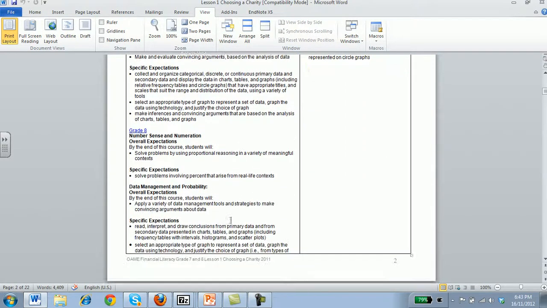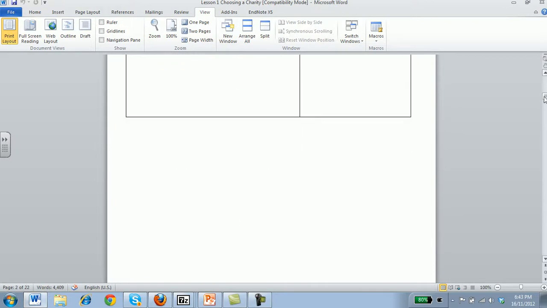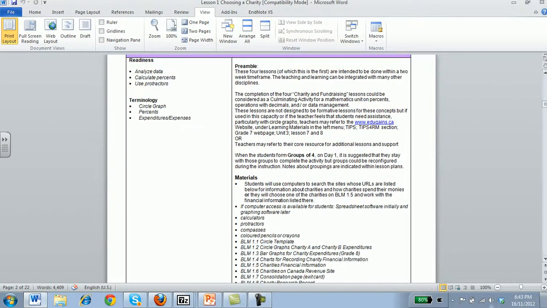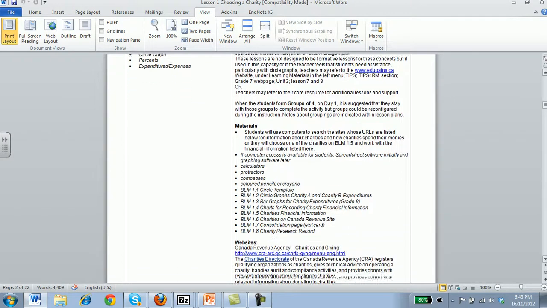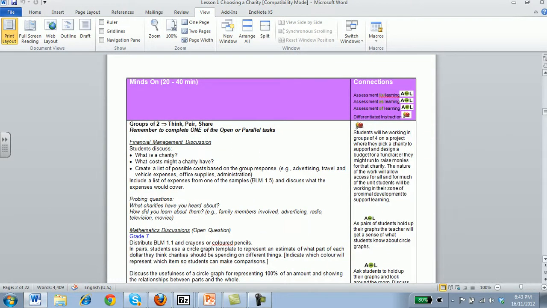And I'll leave it up to you to read this. But anyways, it's a neat little exercise for students to start thinking about real life problems and how it applies to the financial world, and just get a better sense of understanding money and managing money.